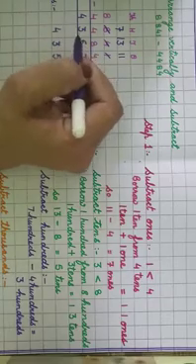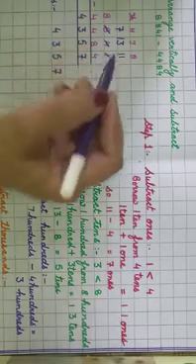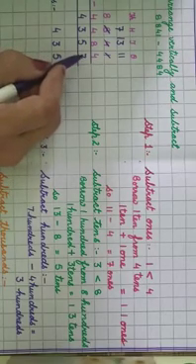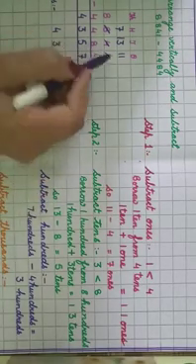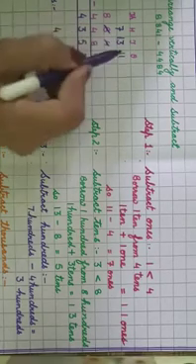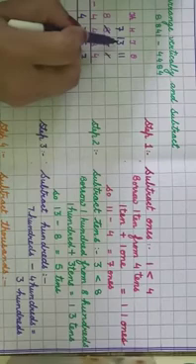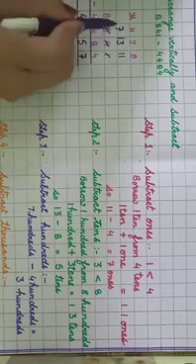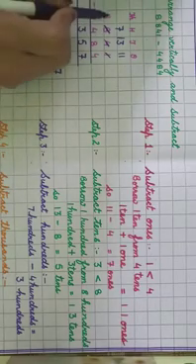And we will borrow if the upper digit is smaller than the lower digit. Here 1 is smaller, it has borrowed 1 from tens. Another digit is smaller, it has borrowed 1 from hundreds. Is it clear beta? Now 7 is greater than 4, so there is no need to borrow.